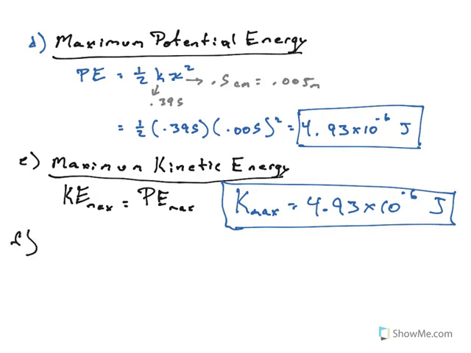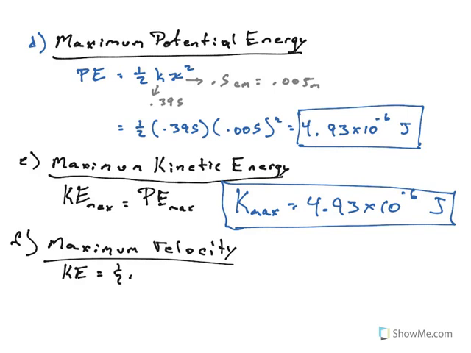Part F, what's the maximum velocity? Well, I know the equation for kinetic energy: 1/2 mv squared. I want to solve this for v.